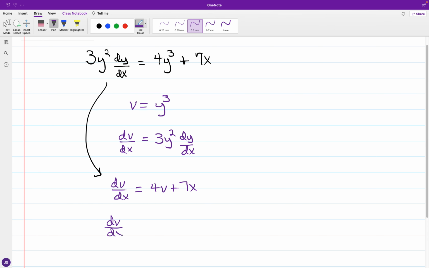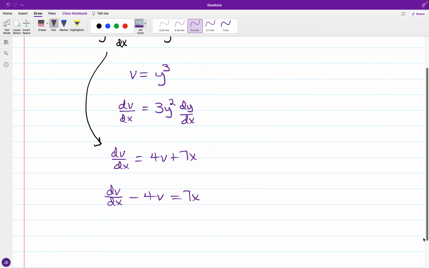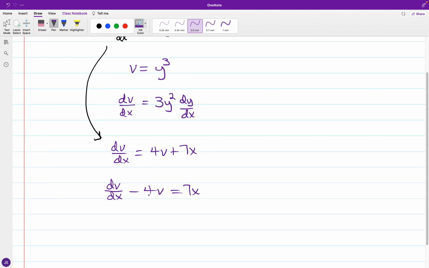and writing with the substitution variable terms on the left hand side, taking 4v away from both sides, notice we have dv over dx minus 4v is equal to 7x. And taking what we have now for rho of x, that is equal to negative 4.